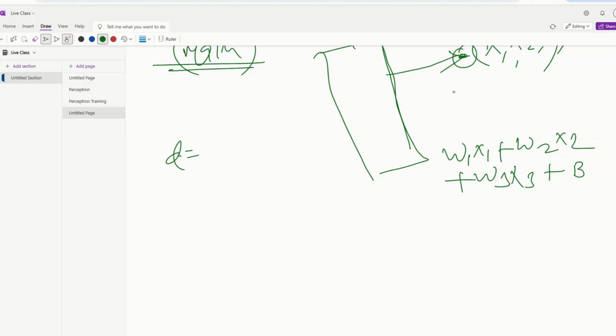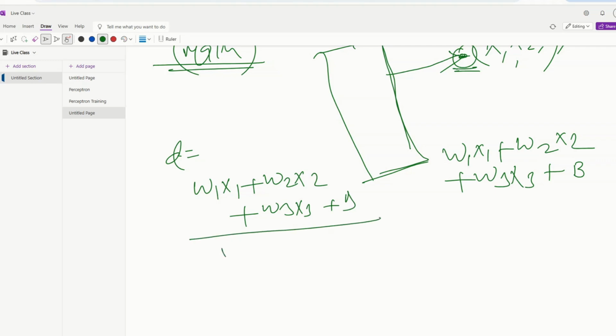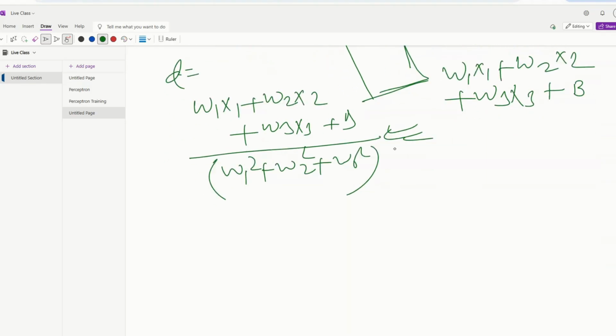So the distance of this point from this hyperplane is w1 x1 plus w2 x2 plus w3 x3 plus b, divided by the square root of w1 square plus w2 square plus w3 square. This is the equation of the perpendicular distance. You can Google how we find this distance.